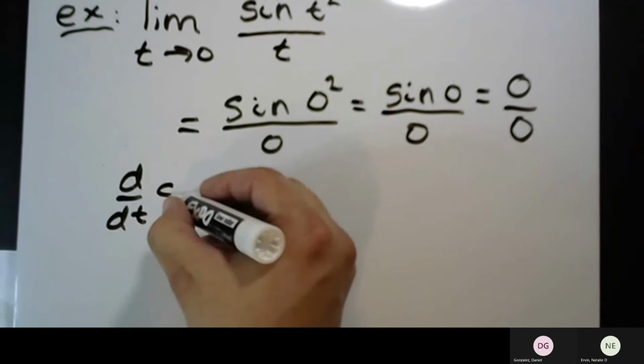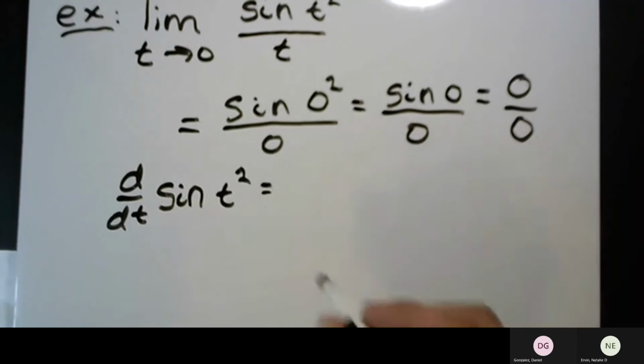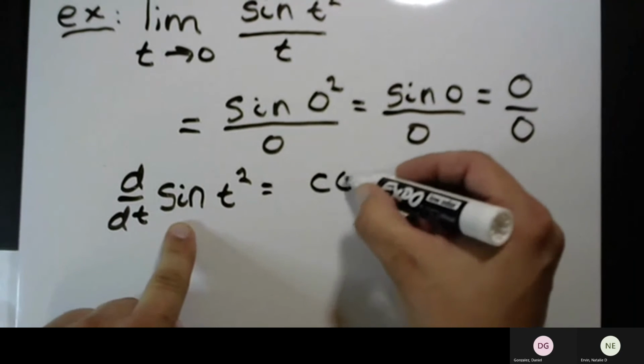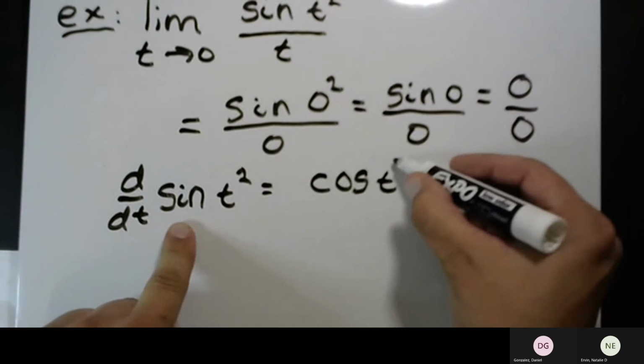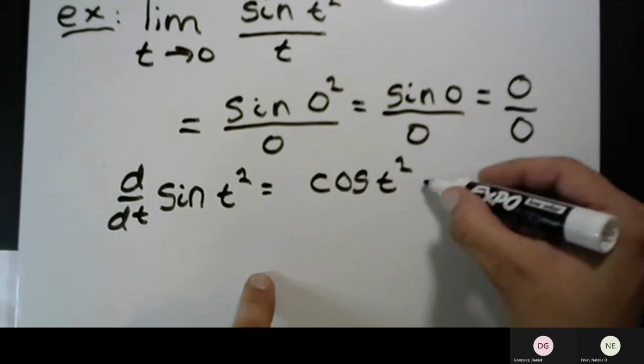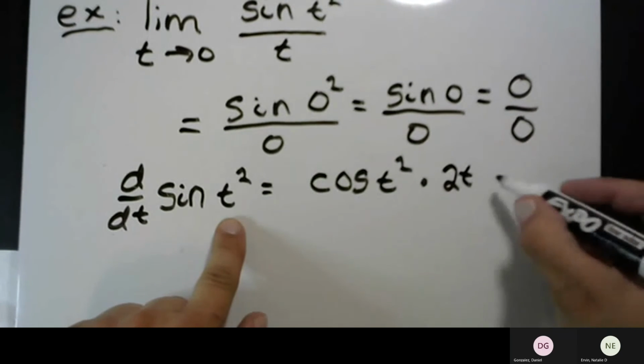d/dt of sine t squared. And this is a chain rule. You have an outer function, so it's going to be cosine t squared, because the derivative of sine is cosine, times the derivative of the inner function, that's going to be 2t.